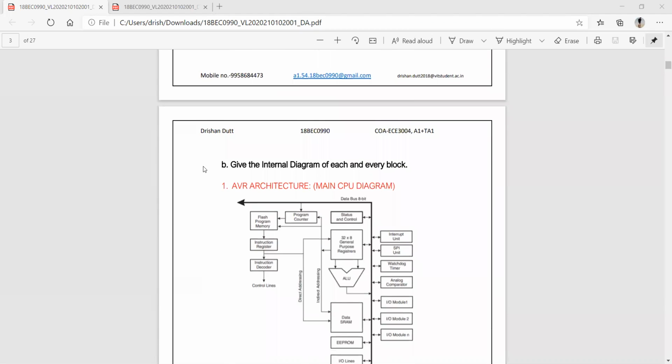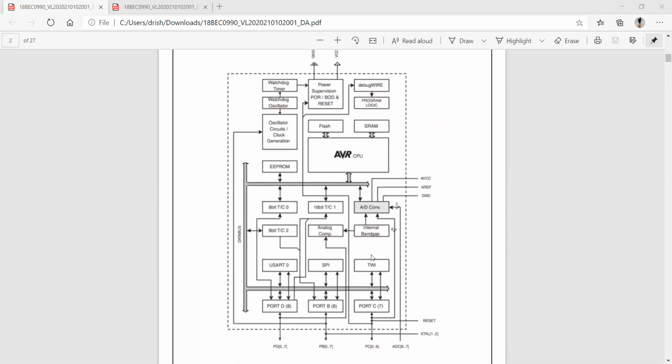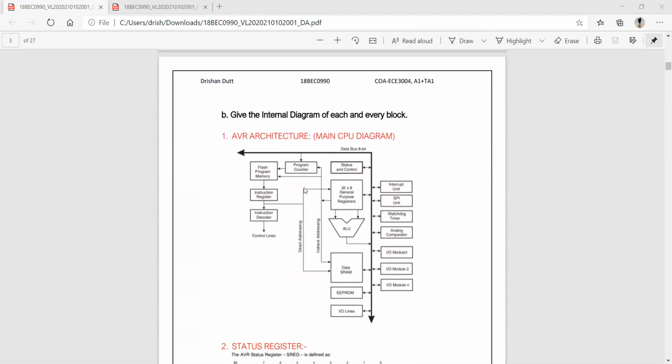Out of all these elements of the microprocessing unit, I have separately exhibited all the diagrams of every unit, as given in the other question: give the internal diagram of each and every block.